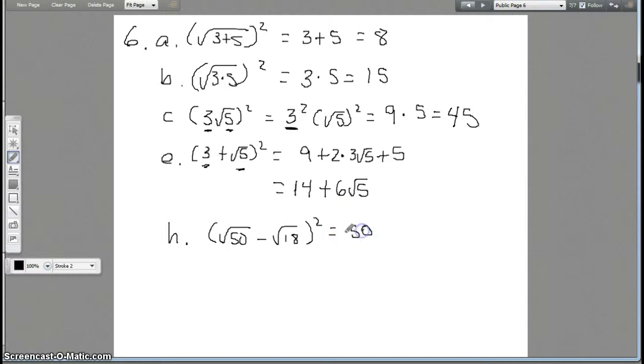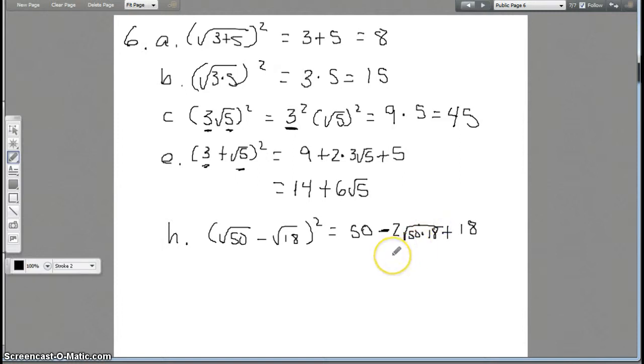We square our last term, square root of 18 squared, that's 18. And then we're going to have a middle term.